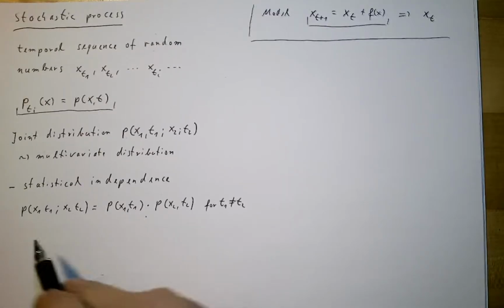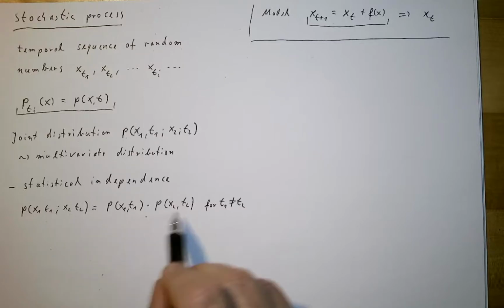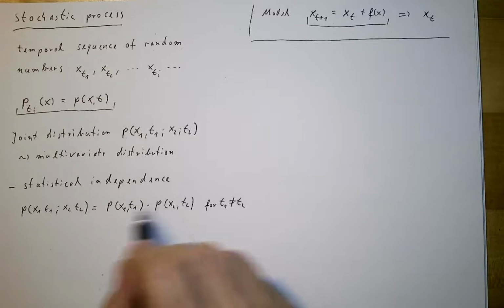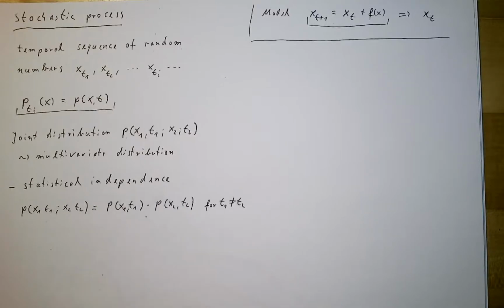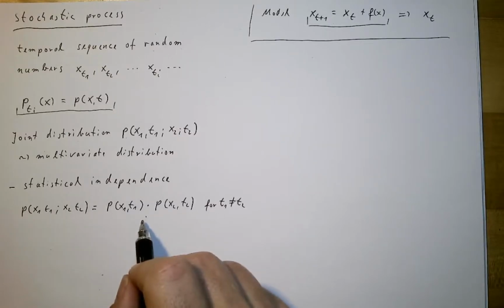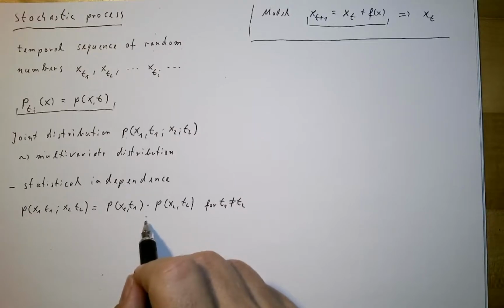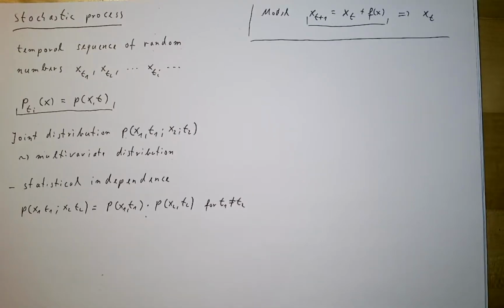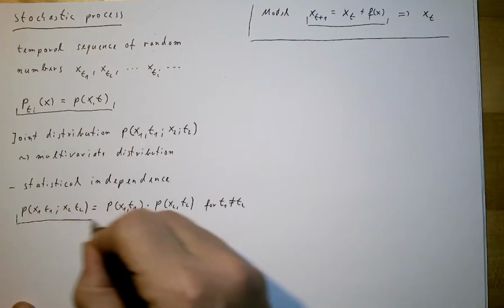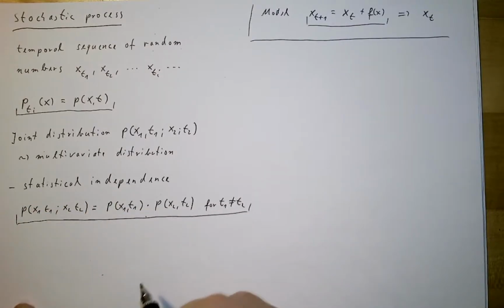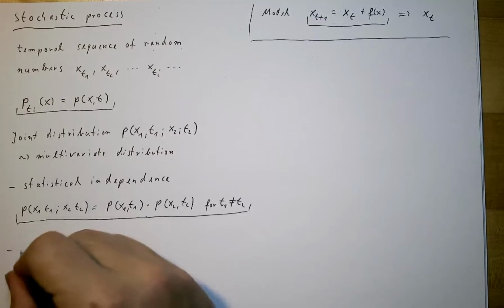If we can separate this as a product of the marginal distributions, we call this process an independent process. And if this is not the case, then we say the random numbers are dependent. So that's the first. That's the definition as before. Now we can calculate moments.